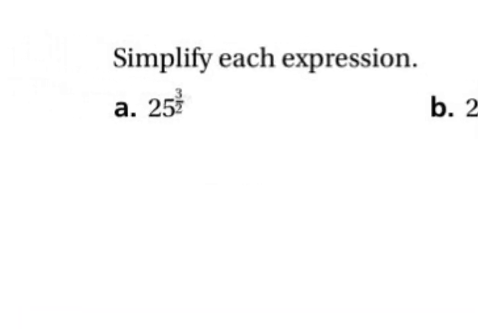3 examples, and we're done, peeps. We're done after these 3. 25 to the 3 halves, okay? We're going to break this one up just like we did the last one. It's 3 over 2, so we should have 3 terms. 25 to the 1 half times 25 to the 1 half times 25 to the 1 half.